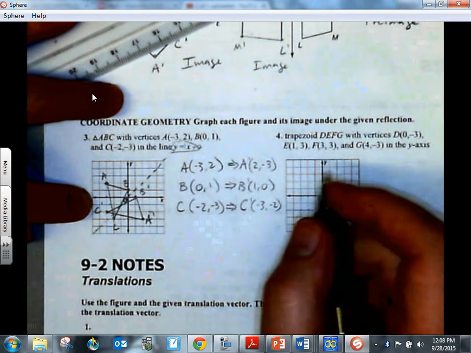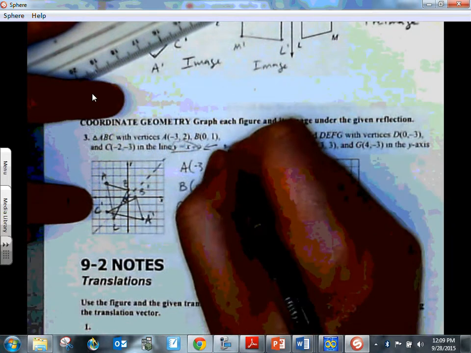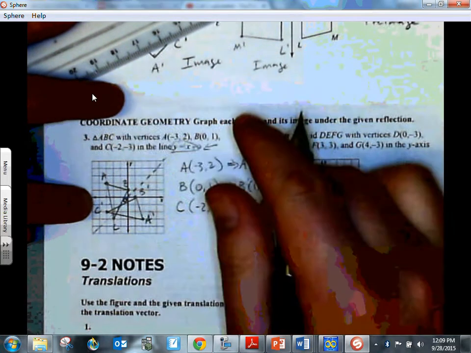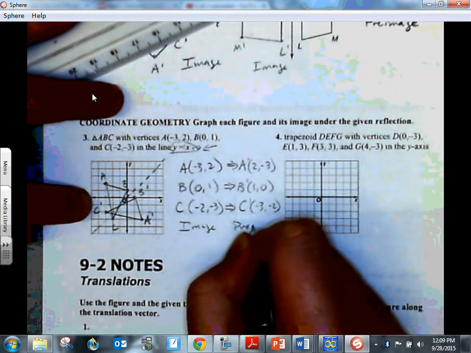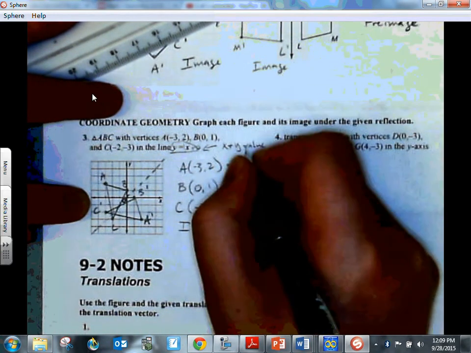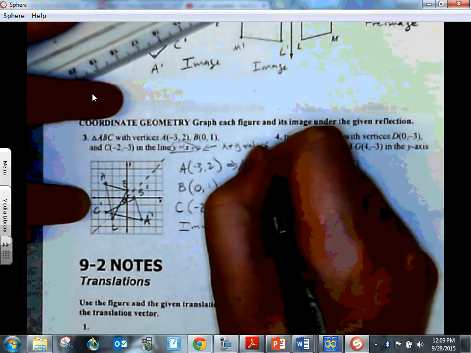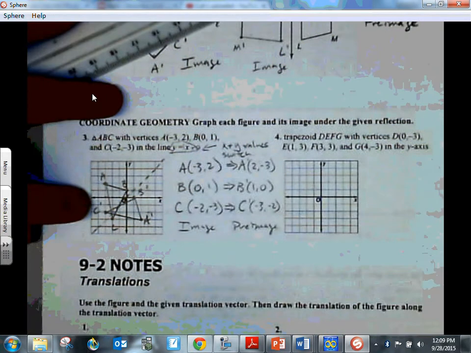So when you reflect over the line y equals x, going from your pre-image to your image, the x and y values switch. You get from one to the other.